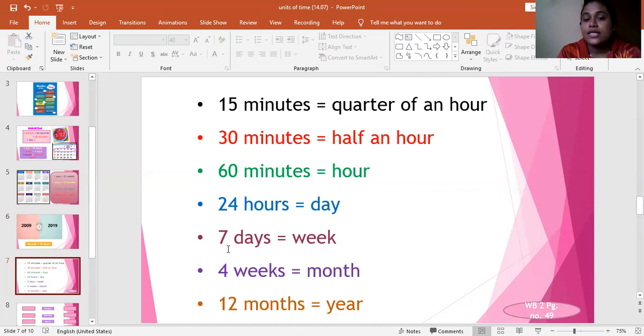It is 7. 7 days equals a week. And for the month, we learned there are around 4 weeks. Most of the time, there are 4 complete weeks in a month. As well as we know, a year consists of 12 months. 12 months equals a year.